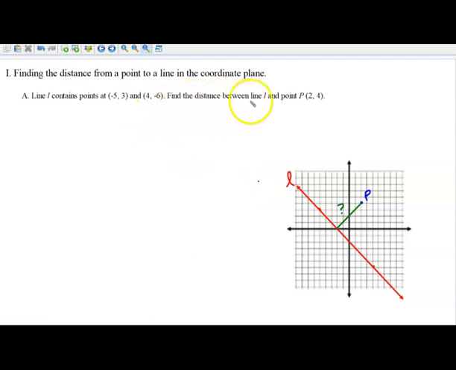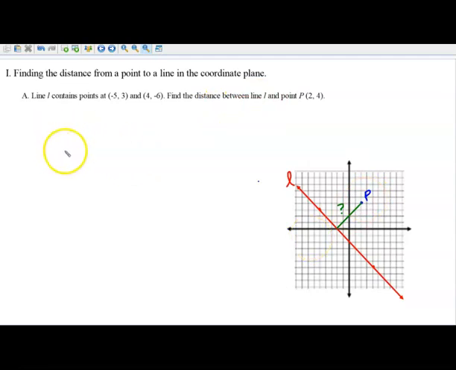And we're supposed to find the distance between line L and point P. Well, going back to that definition that we just laid out on the previous slide, that's really like finding this segment that I've got in green here that would form the perpendicular, form the right angle. And so when we find the distance of that segment, we'll know the distance between point P and line L.